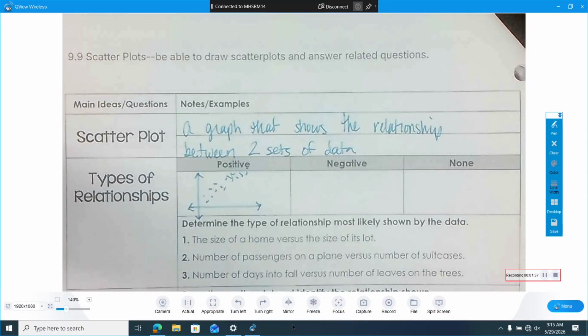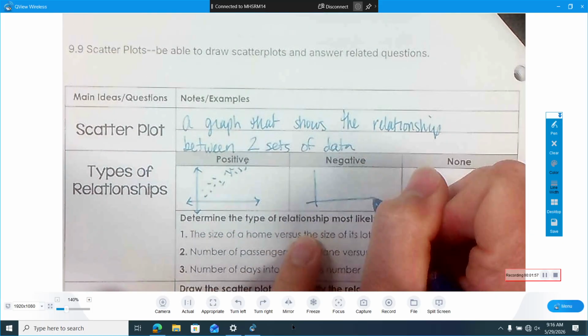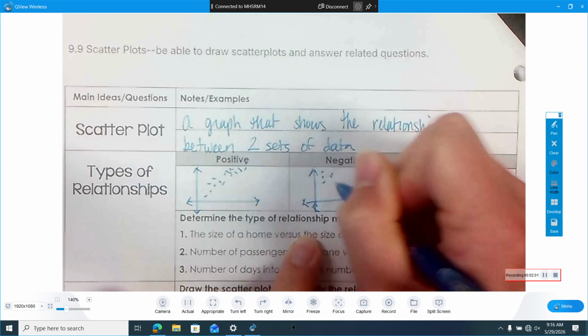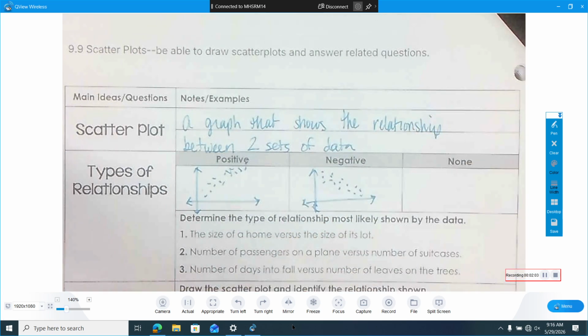So maybe those little dots all fall, and you can see how they're going. Would you say this is uphill or downhill? Yeah, they're going uphill. So this is a positive relationship. And maybe the relationship goes downhill a little bit like that.